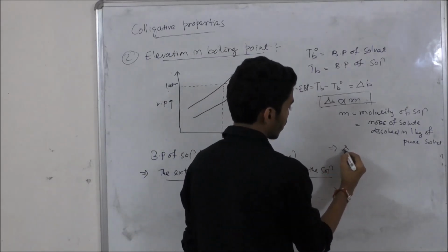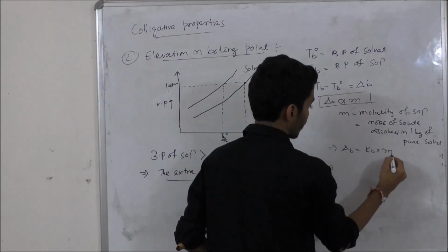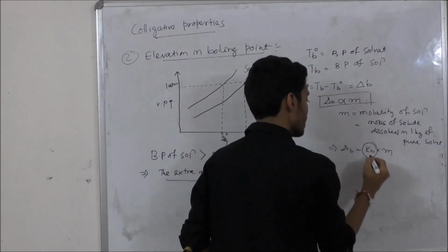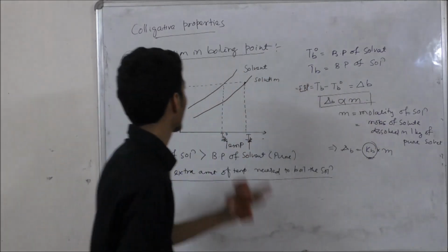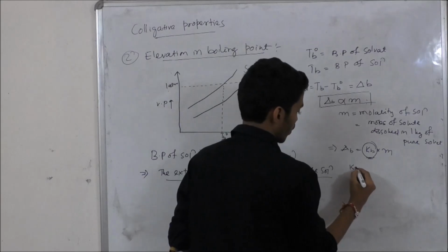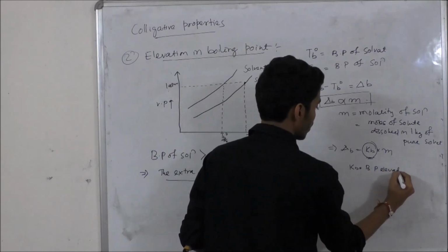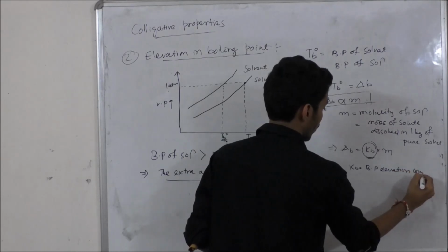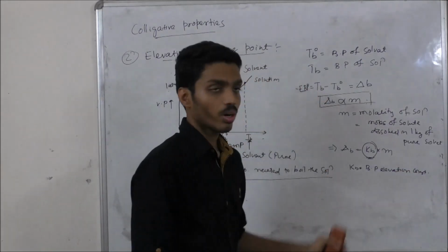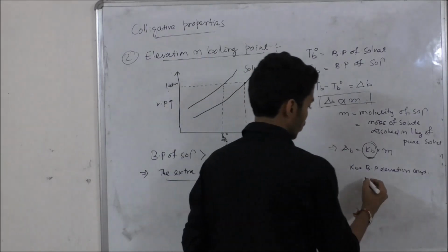That implies that delta Tb equals Kb into m, where this Kb is known as the boiling point elevation constant, or the ebullioscopic constant.